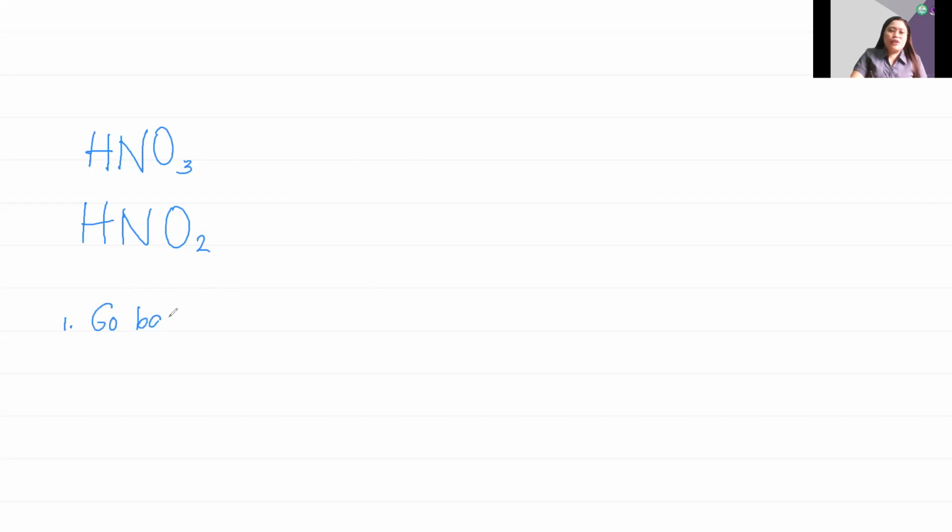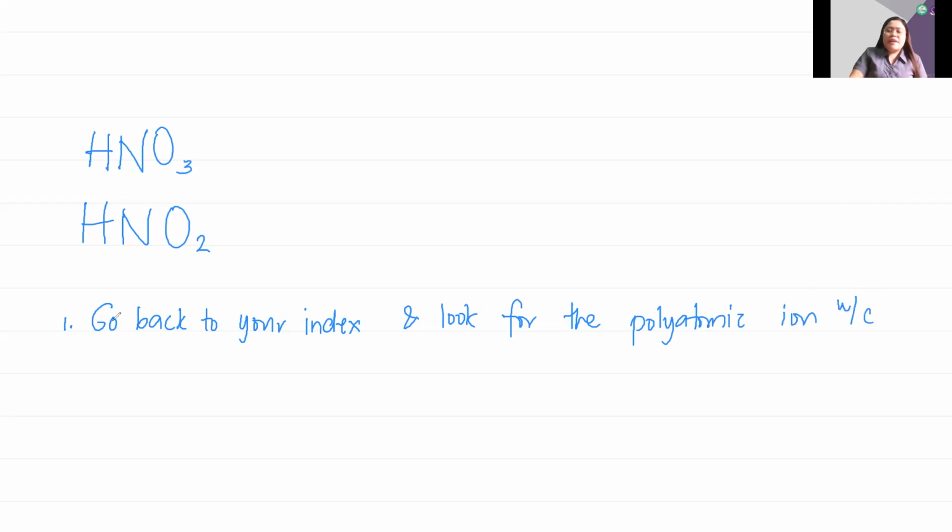So go back to your index card and look for the polyatomic ion which name ends with ATE. So in this case, this is NO. So hanapin nyo dyan, class, sa list nyo ng polyatomic ions, alin dyan yung may N at saka may O, pero ang ending ng pangalan niya ay ATE.